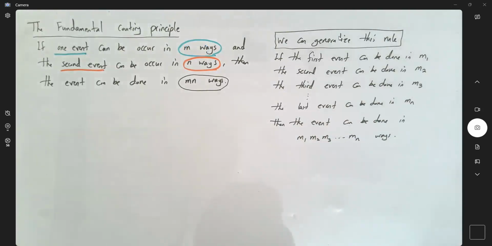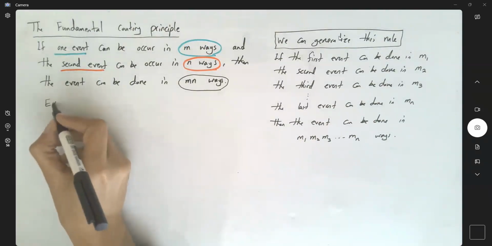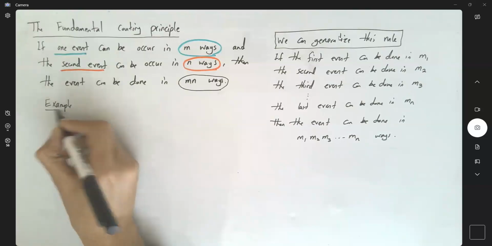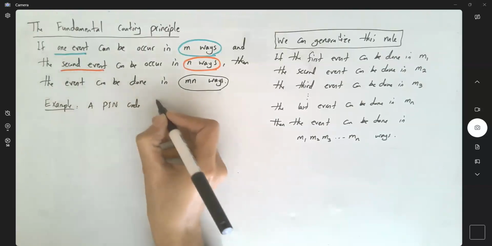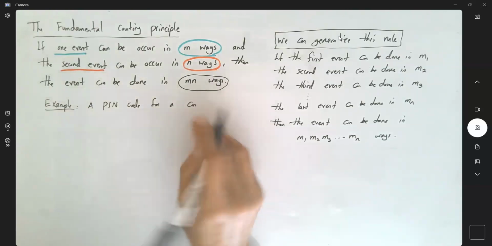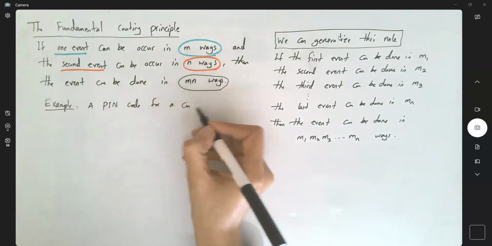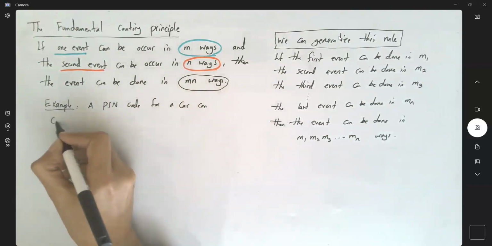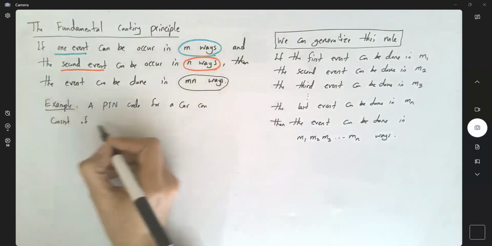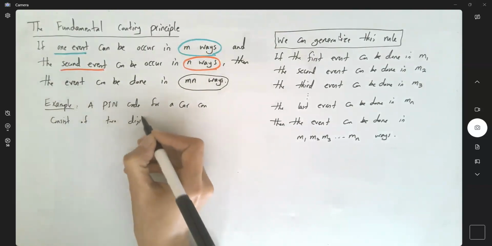One important example was the following. Suppose you want to choose a PIN code for your car. Example. A PIN code for a car can consist of two digits.